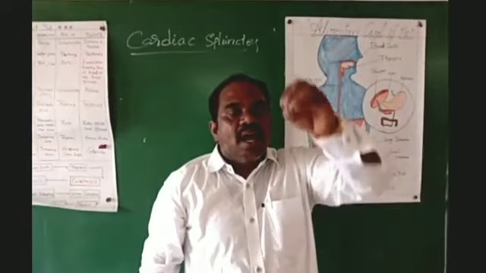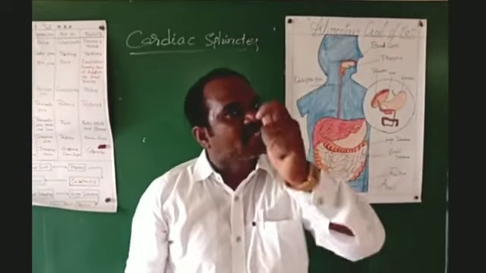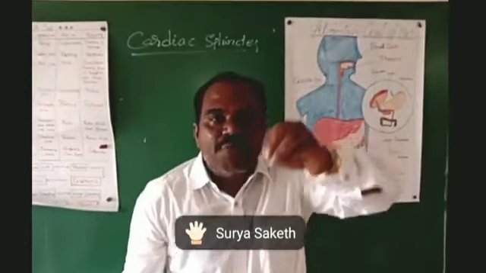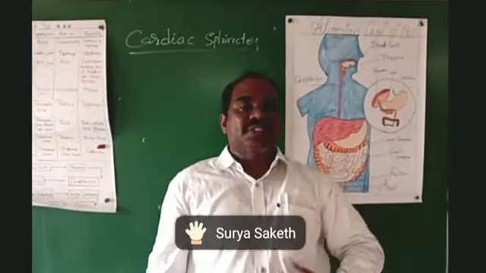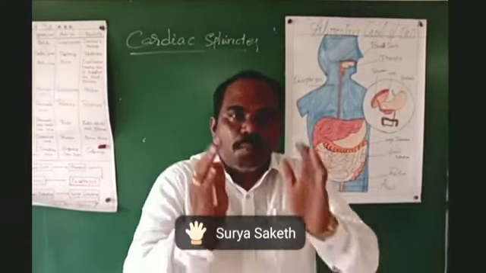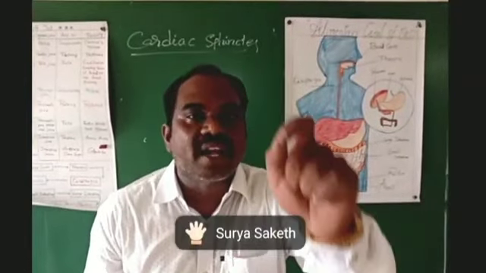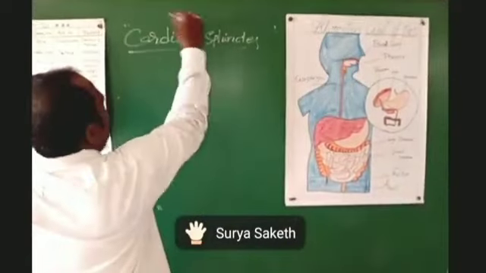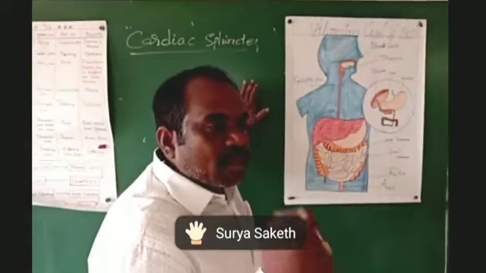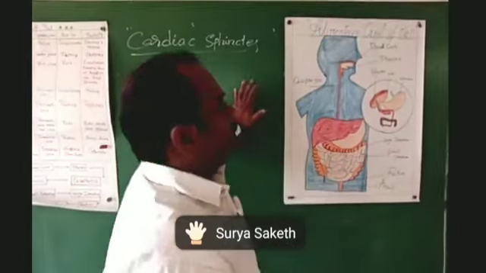This sphincter regulates the food materials, controlling the passage of food from the esophagus to the stomach. In the stomach opening portion, one of the sphincters present is known as the cardiac sphincter.